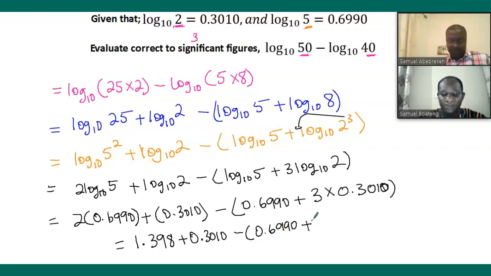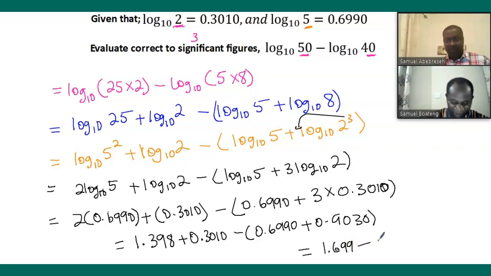3 times 0.3 is 0.903. Okay, so let's put the first two together. 1.38398 plus 0.699 minus 3.